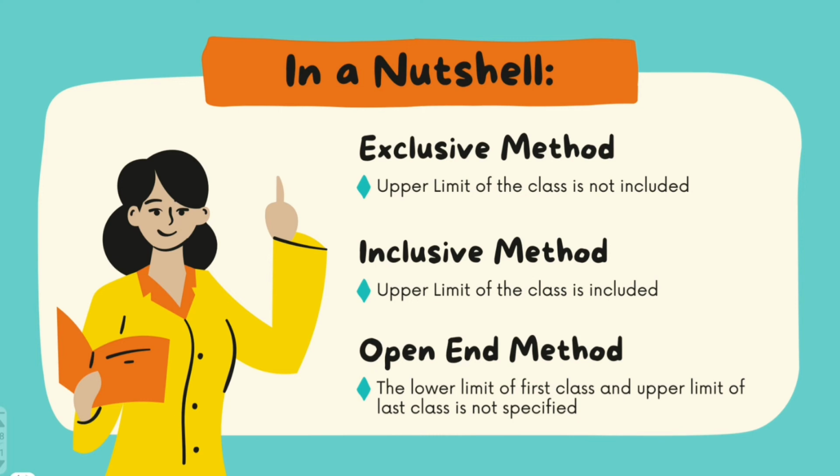And then we have the open-ended method, where the lower limit of the first class and the upper limit of the last class are not specified, so that any extreme outliers can also be mapped without having to add a lot of classes or drastically change your class widths.